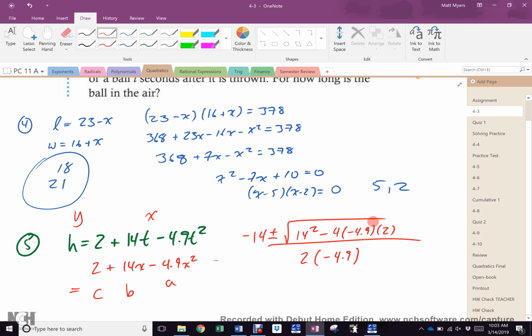How long was the ball in the air? I just told you. Is that how you would give a time to someone? Of course not. How do you give a time to someone? In minutes and seconds, right? So this question, because it's a physics question, doesn't really lend itself to this type of solution, does it?